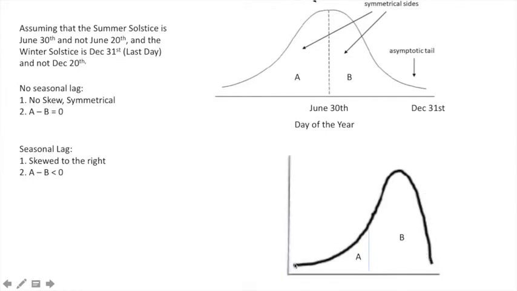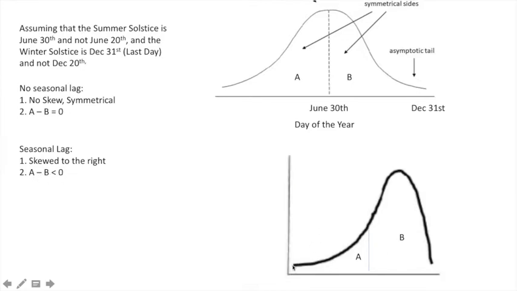Now, how do we quantify the extensiveness of the seasonal lag? Well, a seasonal lag will cause a graph to skew much more to the right than this. And when the graph is skewed much to the right of this, the difference between B and A will be much larger. B will be much larger than A, and therefore we can say that A minus B will be a greater negative number.